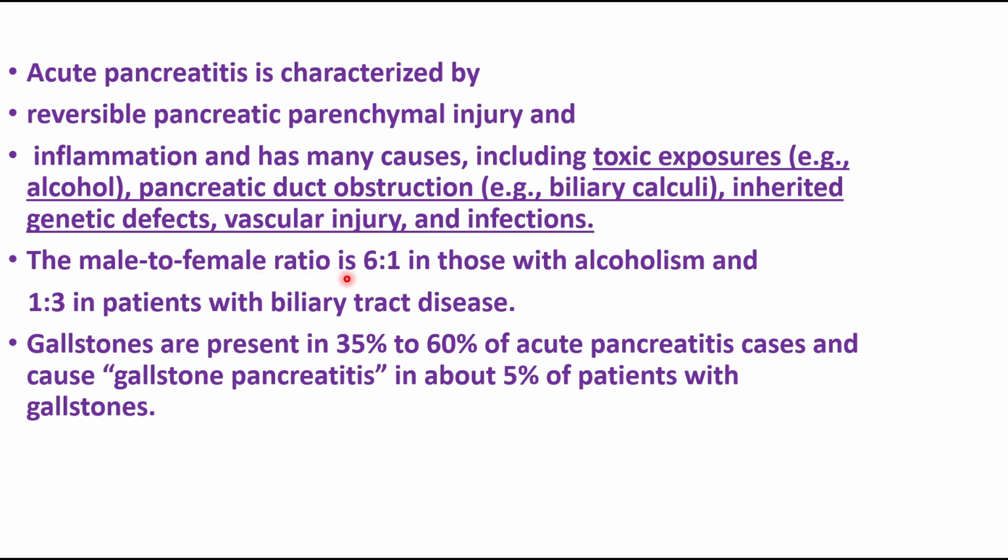The male to female ratio is 6:1 in those with alcoholism and 1:3 in patients with biliary tract disease. Gallstones are present in 35% to 60% of acute pancreatitis cases, and it causes gallstone pancreatitis in about 5% of patients with gallstones.